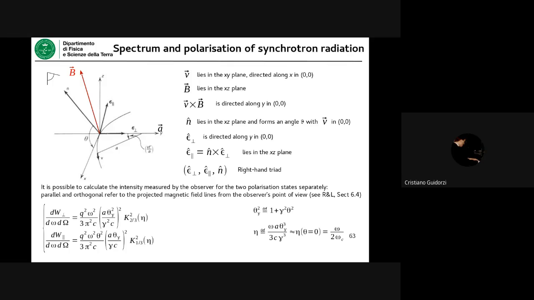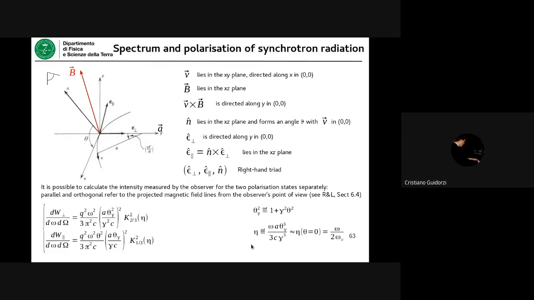And here you have another quantity, which is eta. Eta is defined as this guy. Mind that A, I didn't write it, but A is this guy here. It is the curvature radius, not to be confused with acceleration. So it's just the curvature radius, the same notation that I adopted in the last class.